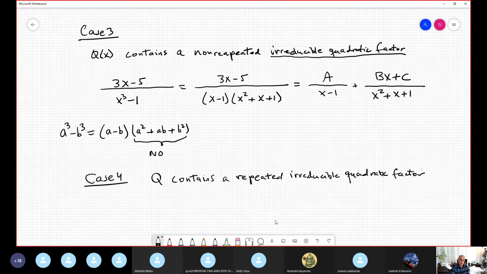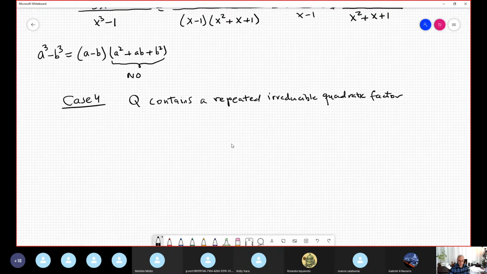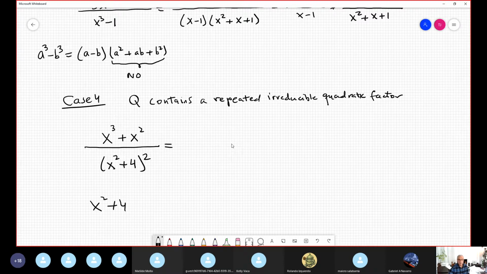One example to understand this much better. Look, suppose we have this example: x cubed plus x squared divided by (x squared plus 4) squared. The expression x squared plus 4 is obviously an irreducible quadratic. But squared again is multiplicity. So you separate into pieces.